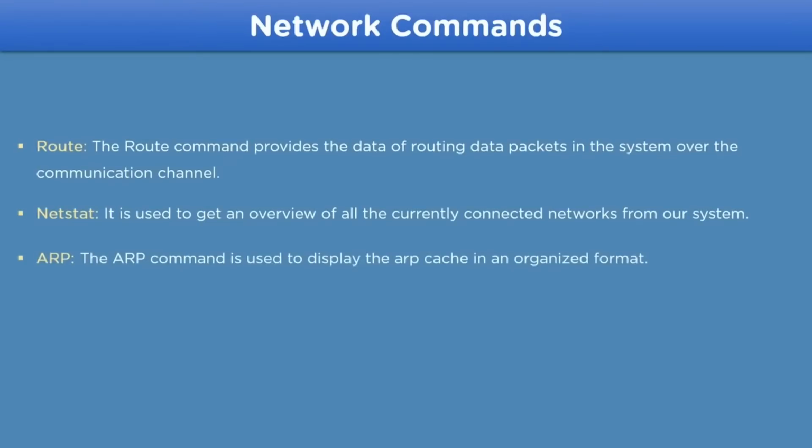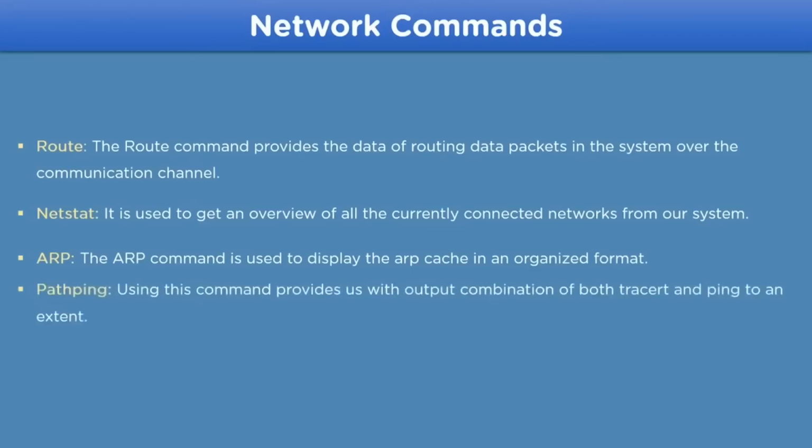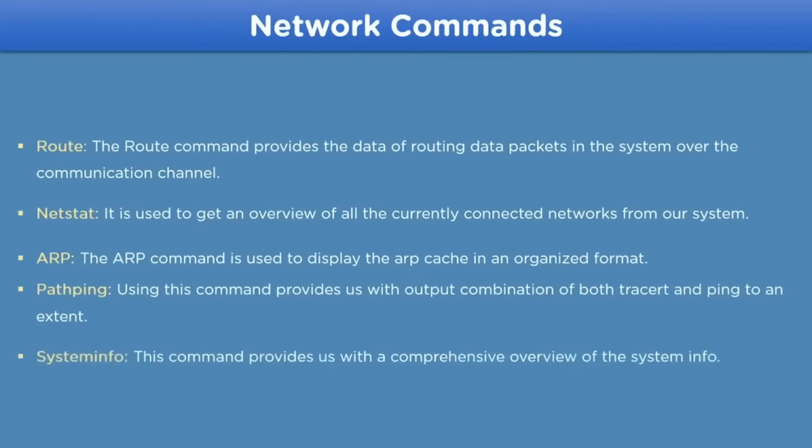The ARP command is used to display the ARP cache in an organized format. Then we have pathping. Using this command provides us with an output combination of both tracert and ping to a certain extent. And in the end, we have systeminfo. This command provides us with a comprehensive overview of the device settings in a system.